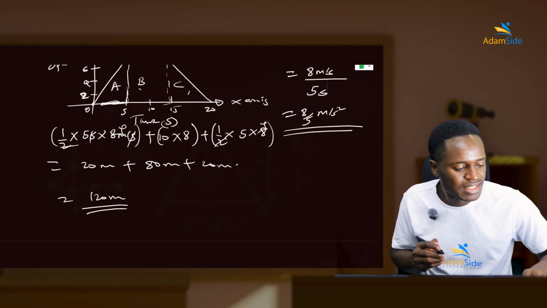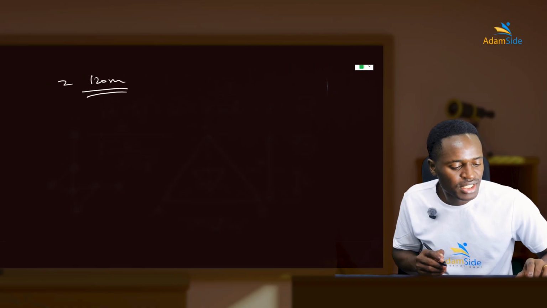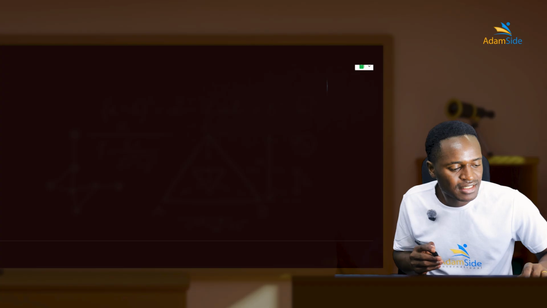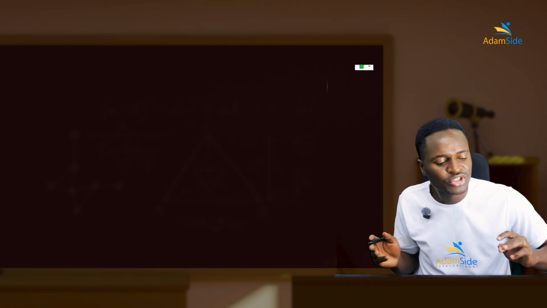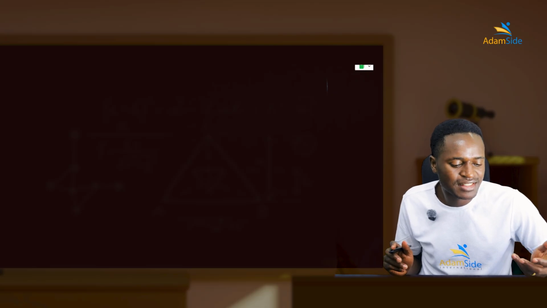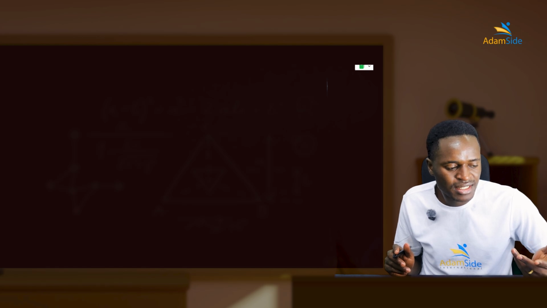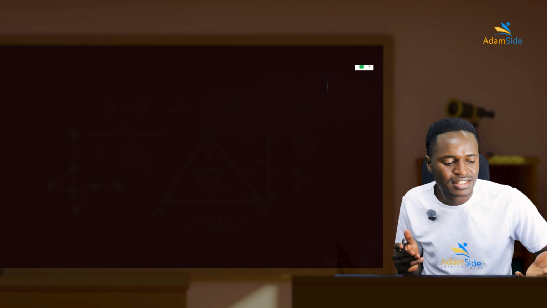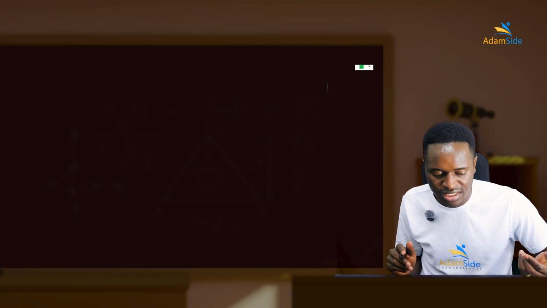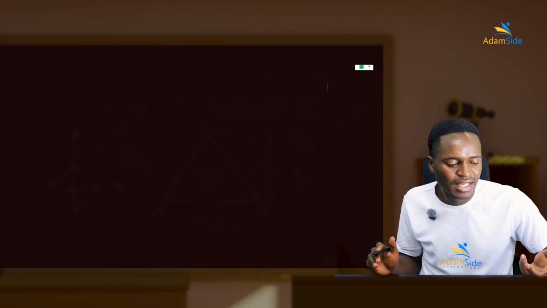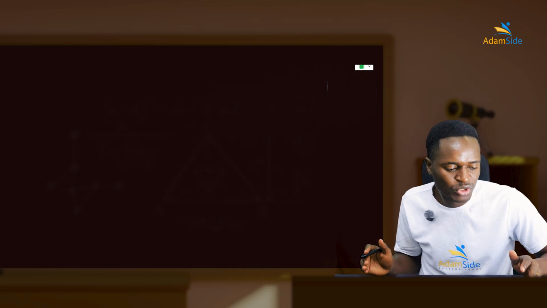And then that's it. So you might have different kinds of questions, and you'll be able to solve them. You're given a question, then they say, maybe find the deceleration of the car between 10 and 13 seconds. It's easy when you're given a question like that, because if you're finding the deceleration, just understand what your maximum speed is. Maybe it was 8 meters per second, and then they say find the deceleration between 10 and 13.